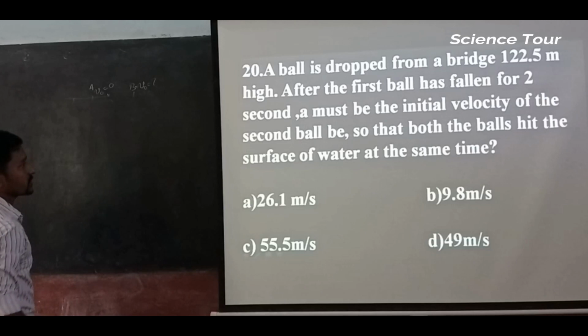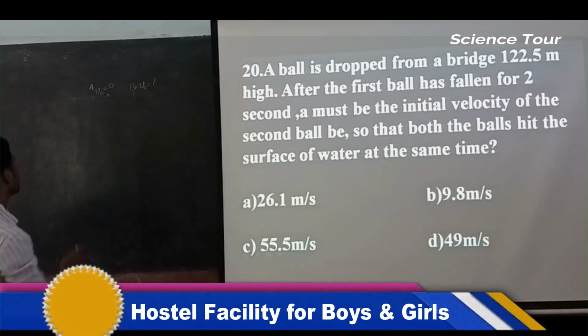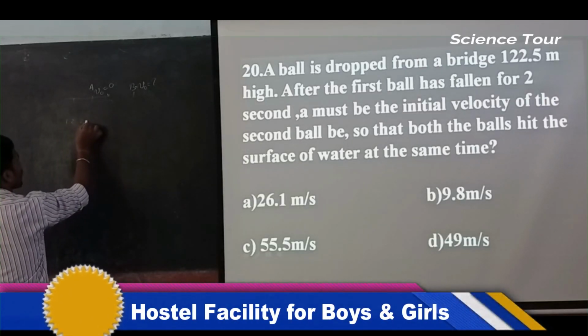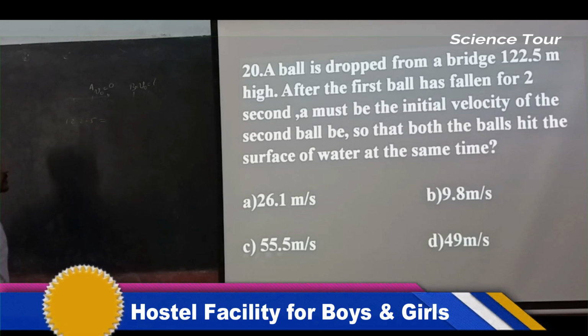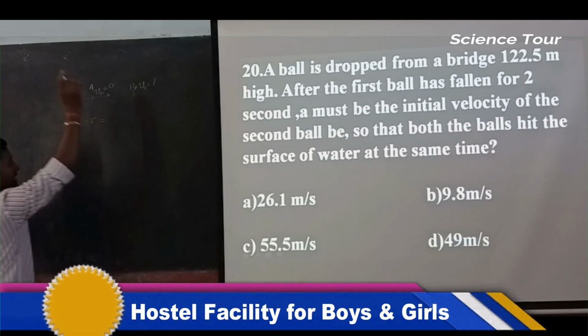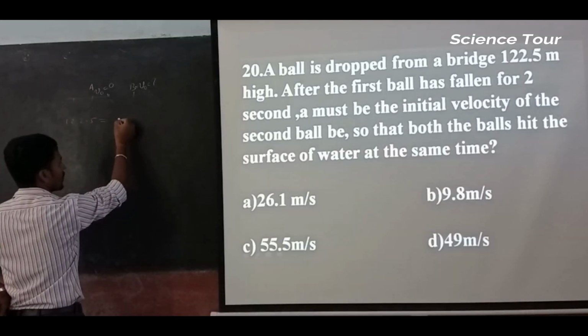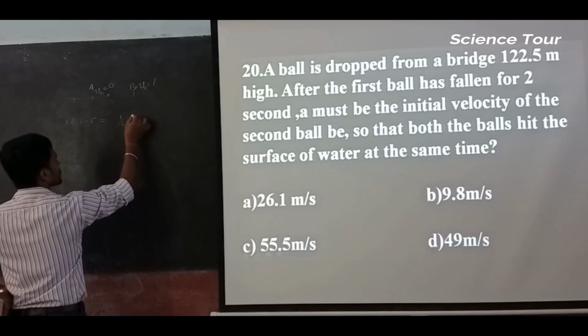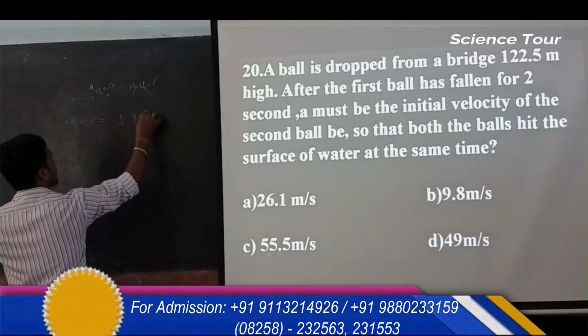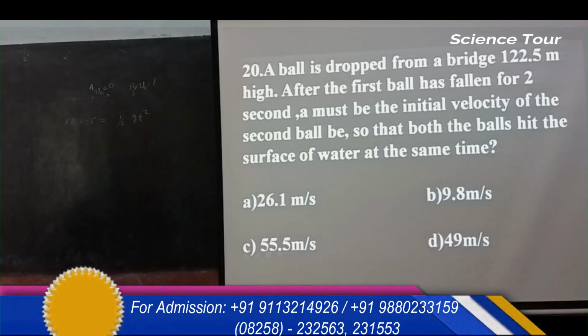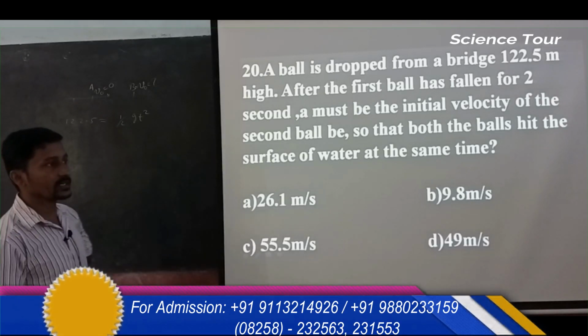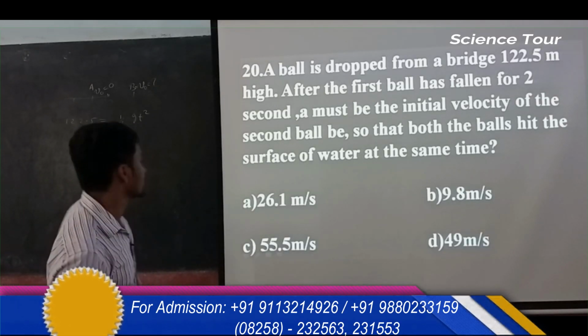So say for example, 122.5 is the height. It will reach in t seconds. The initial velocity is 0, so half g t square. We will find out first in how many seconds it is going to reach.